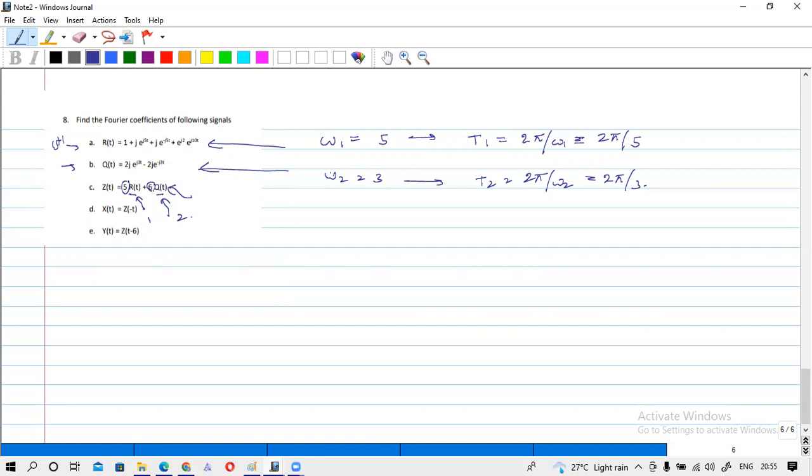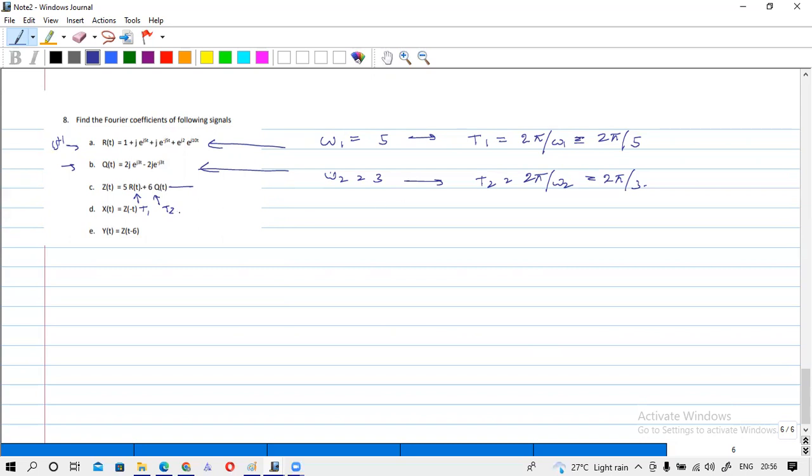They do not affect the period or the angular frequency. For this one, the first signal has fundamental period T1, and the second signal has fundamental period T2.